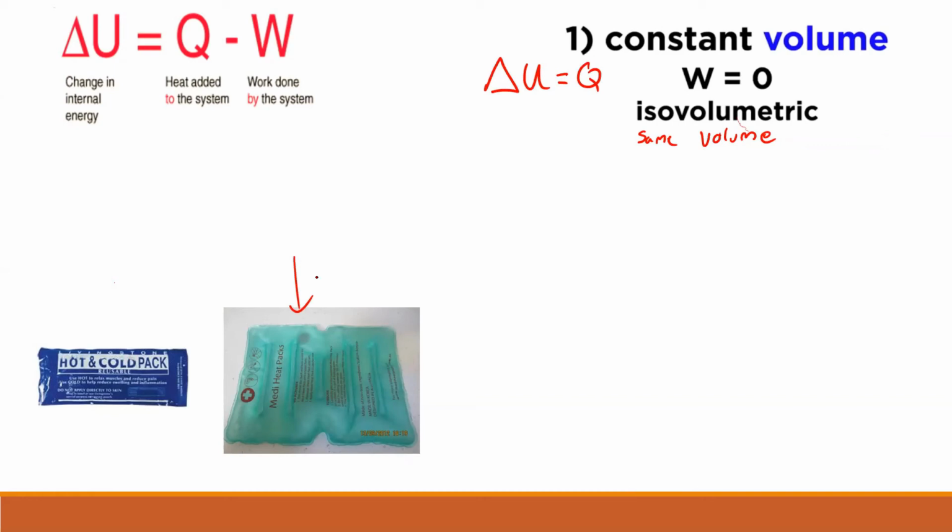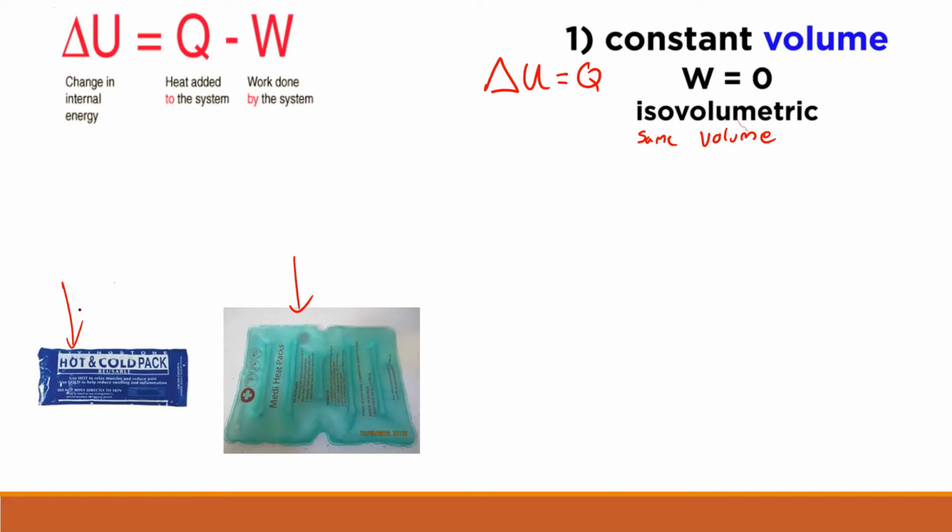Even though that heat pack is gel, it doesn't expand. It just stays the same size. Same with the cold pack. The cold pack only changes its internal energy by getting warm. So its internal energy increases, right? But it doesn't expand or contract. Its volume doesn't change.